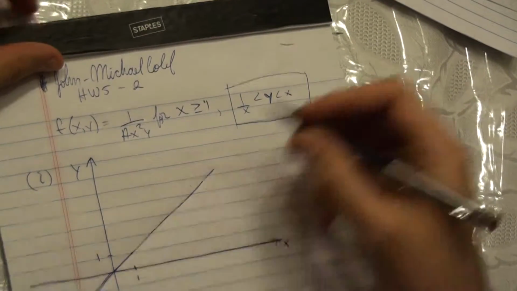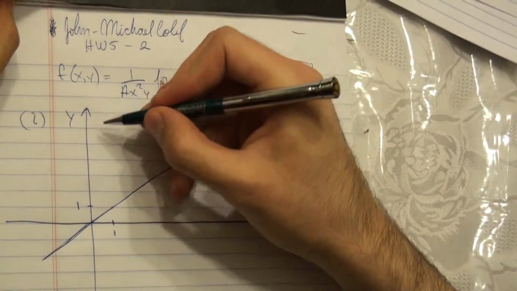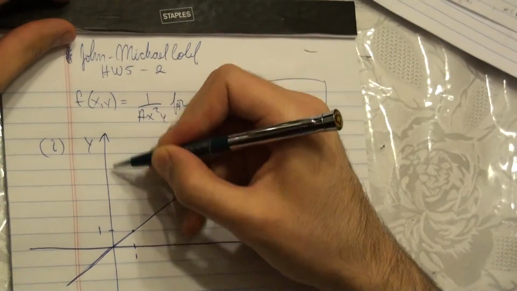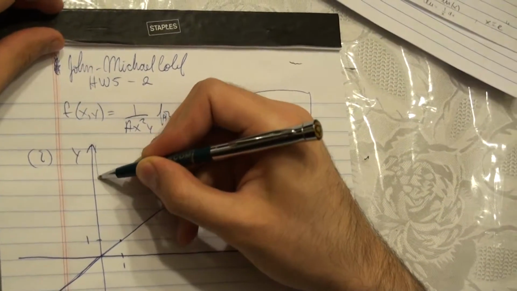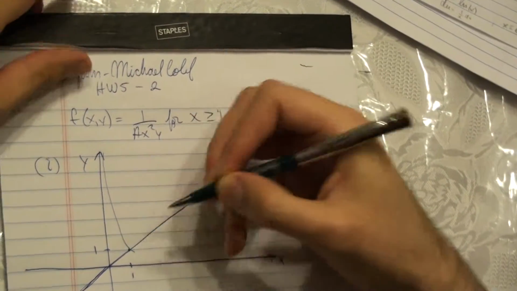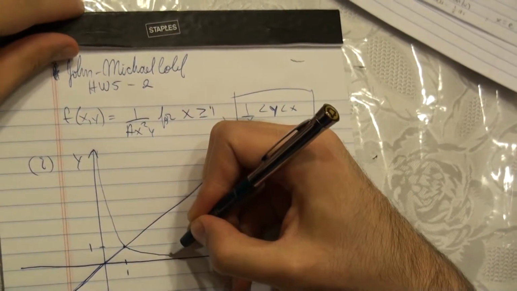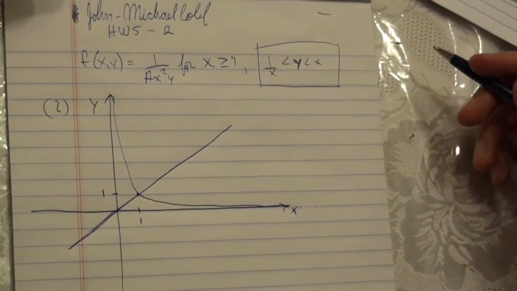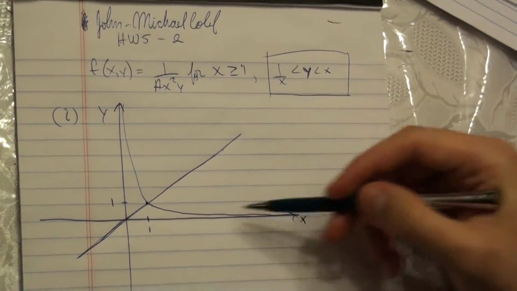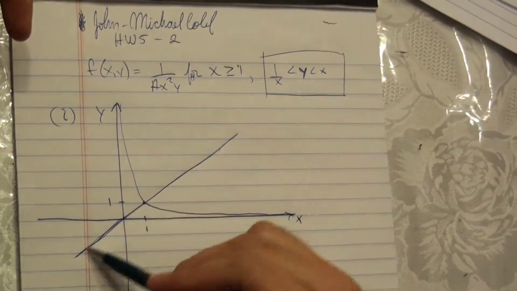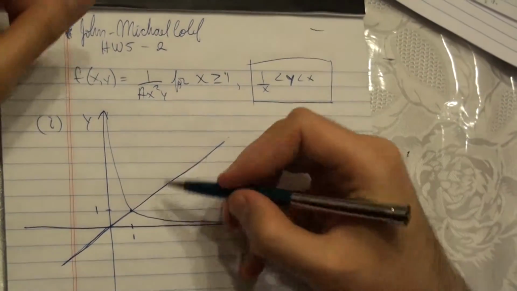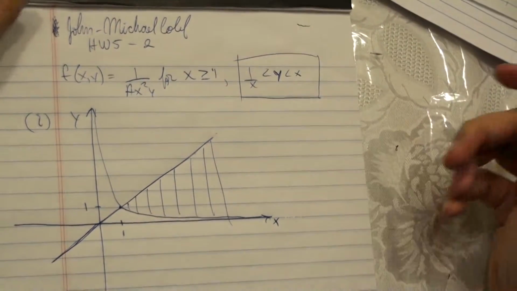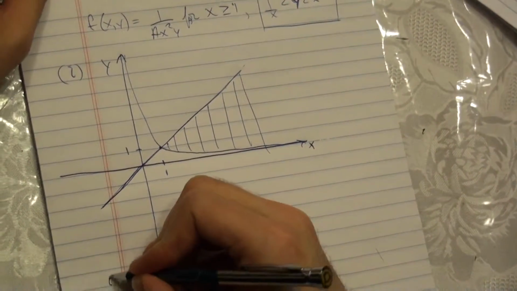And then the graph of 1 over x is also equal to 1 at x equals 1, but at 0 it goes to infinity, and at infinity it approaches 0. So it looks something like this, and it goes eventually to 0. So y is in between, so it's less than x but greater than this. So the region is here, this shaded area over here. So that answers part 1.